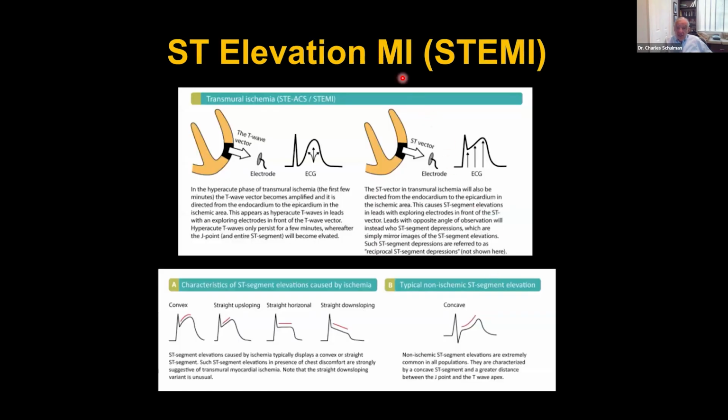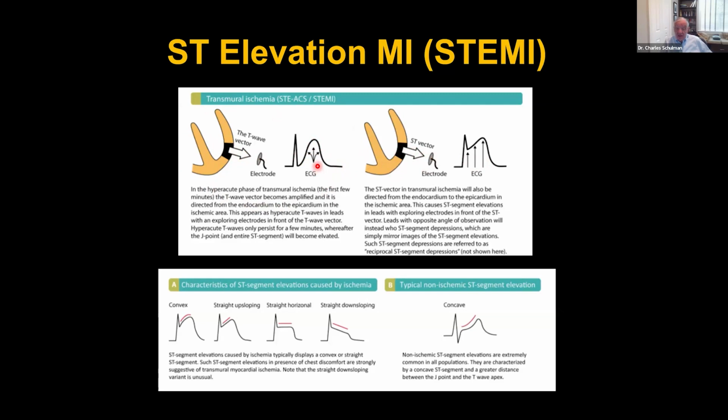So starting out with ST elevation and the ST elevation of acute myocardial infarction. What you should know is that the initial change on the electrocardiogram is a tall T wave called a hyperacute T wave, and that's because the T wave vector is traveling toward an electrode that serves the area involved, followed by an ST vector in the same direction.